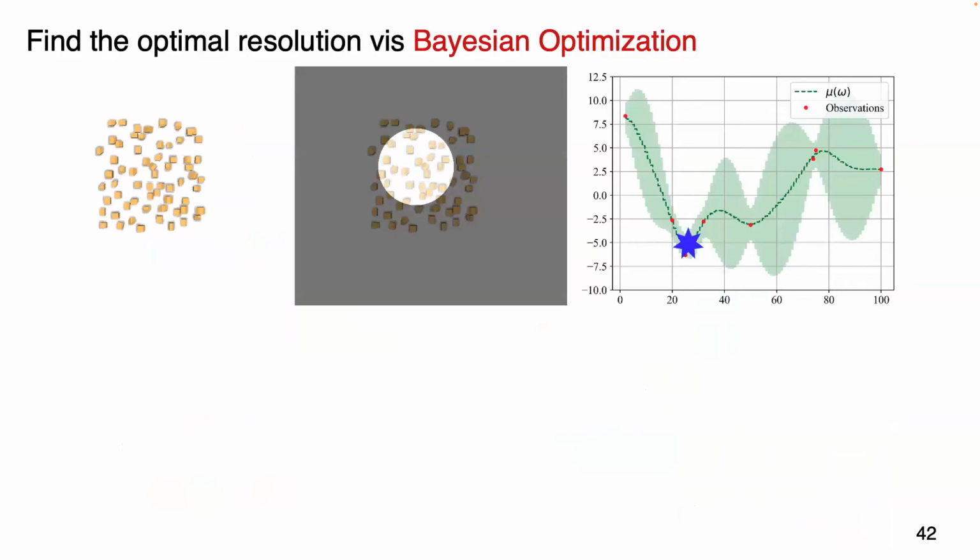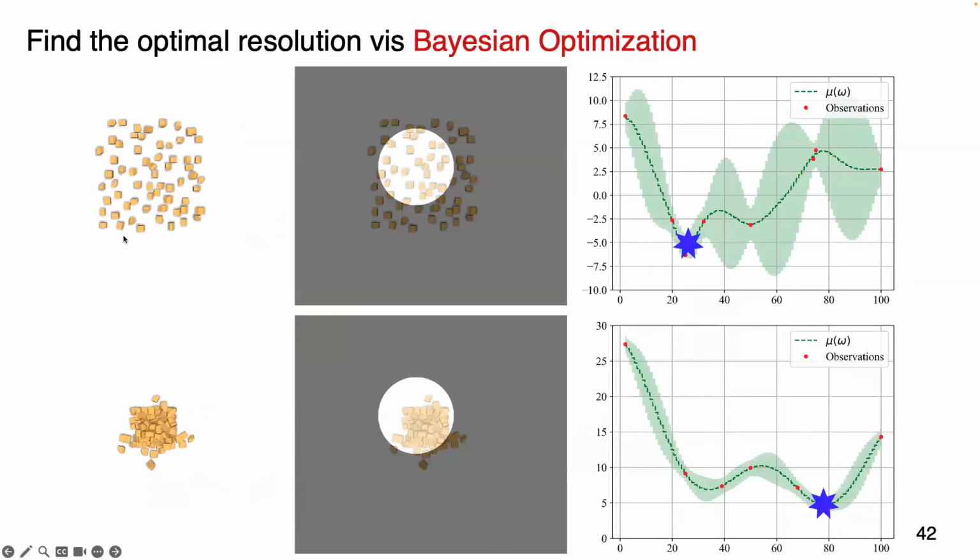And the other way around, given the same target region, if the initial state is very spread out, compared with an initial state that is very close to the target, we will realize that when the pile is close to the target, we actually need a higher resolution dynamics model to reveal the subtle difference between the pile shape and the target in order to make progress on this task.